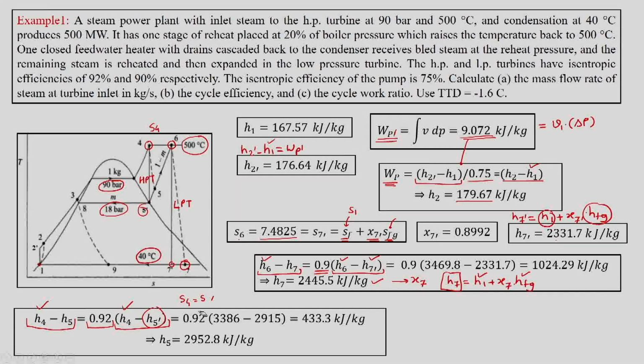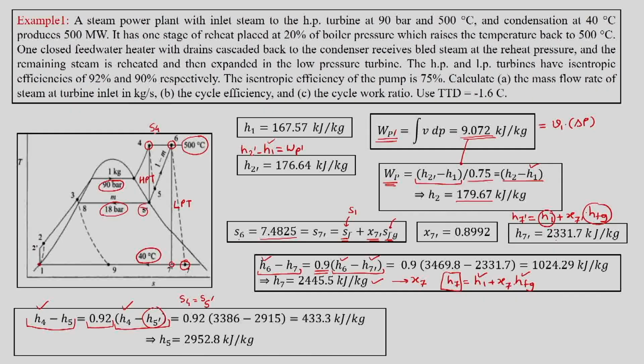So S5 dash is the entropy corresponding to 18 bar pressure, so we go to the 18 bar part of the steam table and find the state whose entropy corresponds to the entropy of S4. That location will have a certain enthalpy of the steam, which may be wet or dry.